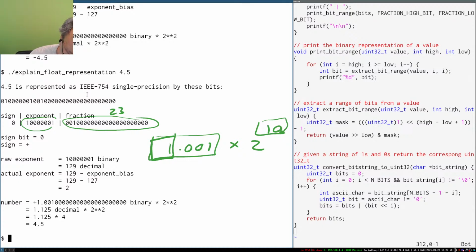So we actually don't store the first one because we assume the numbers are normalized, so the decimal point is the second thing. The numbers are scaled so that the digit to the left of the decimal point is a 1 and there's only one digit to the left of the decimal point. We don't store it, but there's effectively a 1 there and the fraction is 1.001.